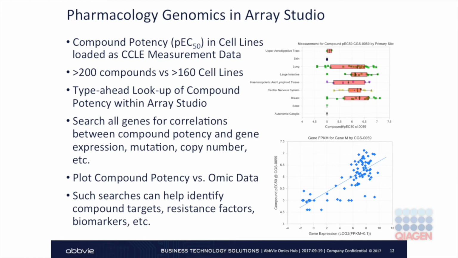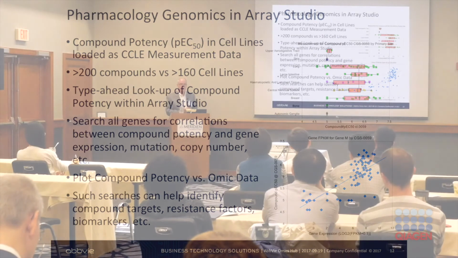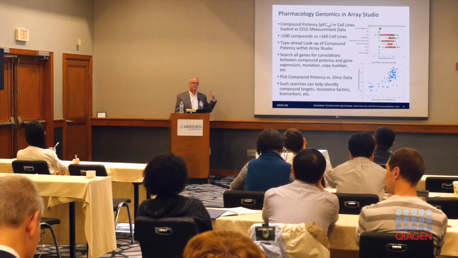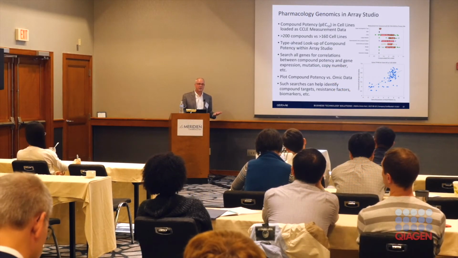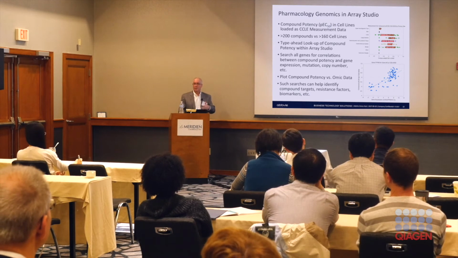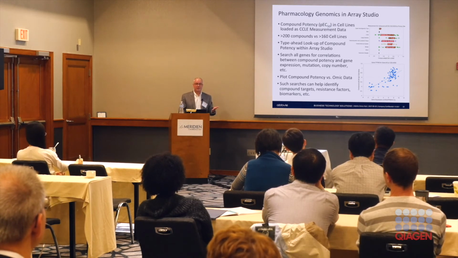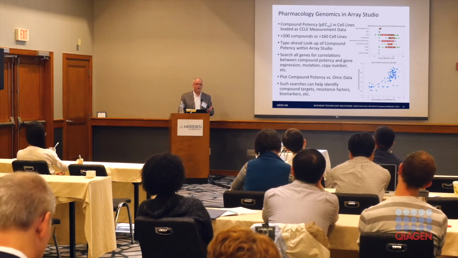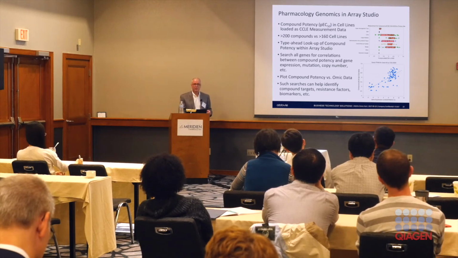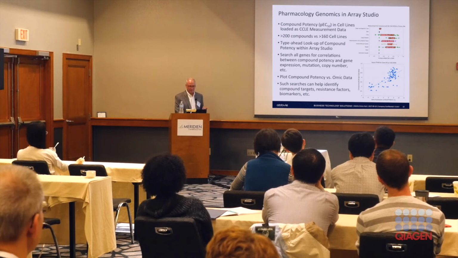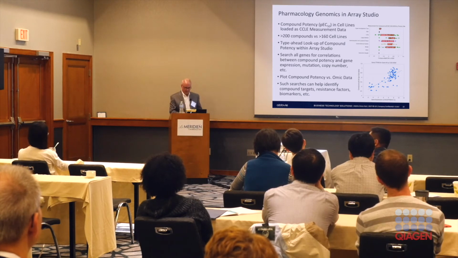So this is really powerful in early discovery, seeing either what might be the target of some compound that we found in a phenotypic screen, or, for some standard of care compound, what's a resistance factor. So we're taking advantage of that as well, bringing in the pharmacology data. And as I just said, you can find resistance factors, markers, and the like.